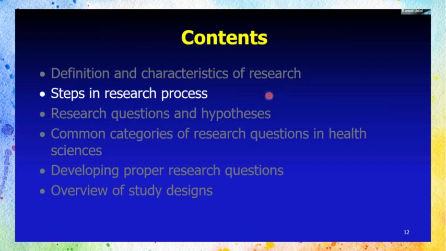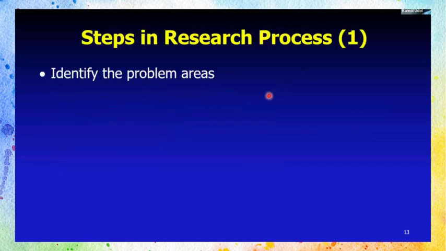Our next topic will be the steps that we take in the research process. This will be a summarized one. In detail, you will study these in the subsequent topics in this course. So when we do a research project, what process do we need to follow? We have to first identify the problem areas, the areas that we are interested in.